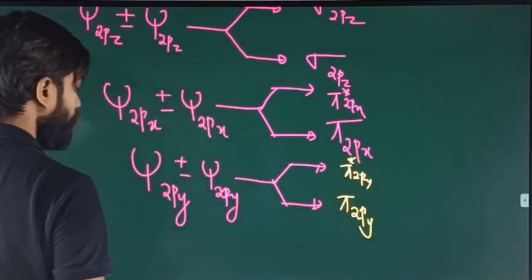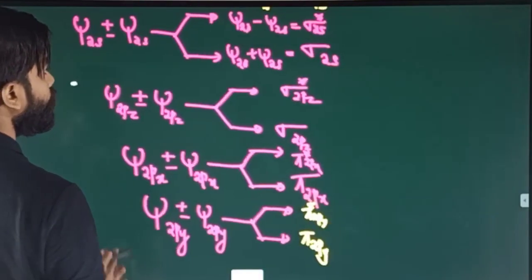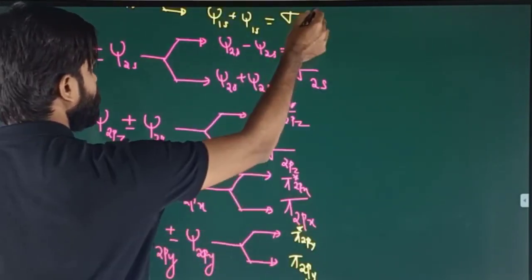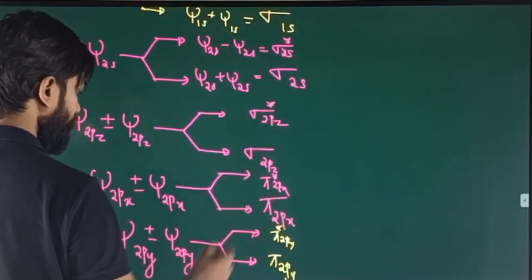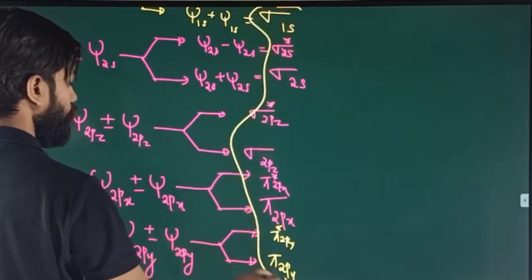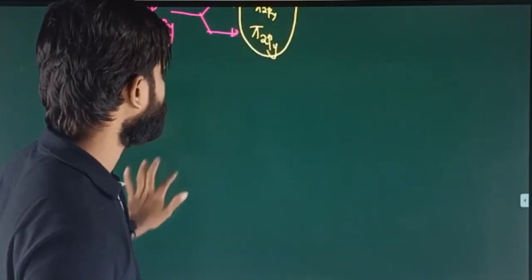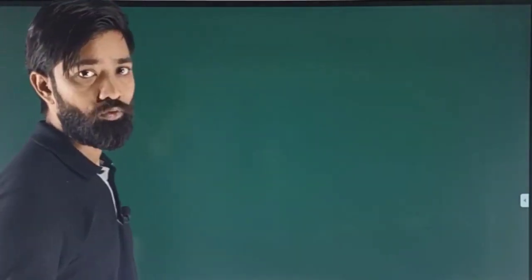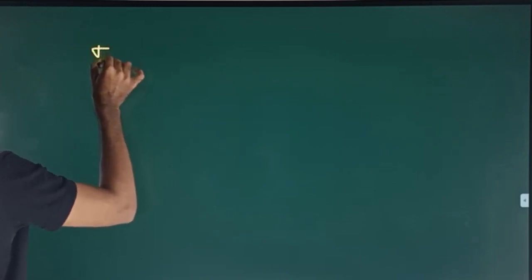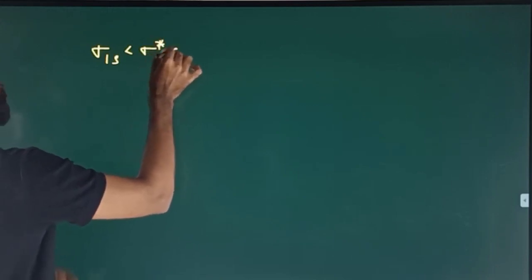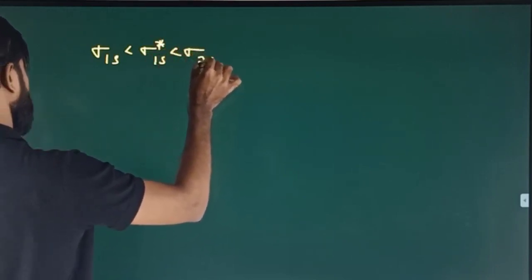So these are all the different molecular orbitals for configuring electrons, for the electrons from 1 to 20. So you have to know the order for 1 to 20. Listen: sigma 1s less than sigma star 1s less than sigma 2s.